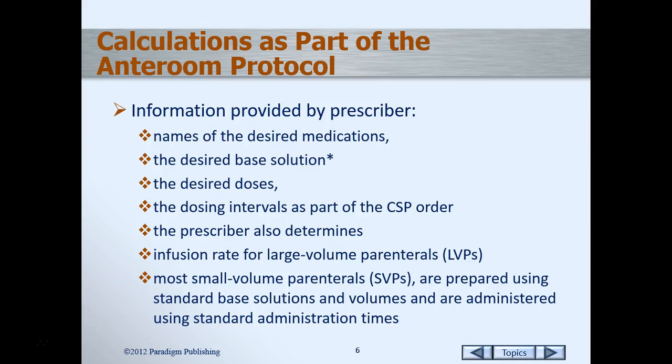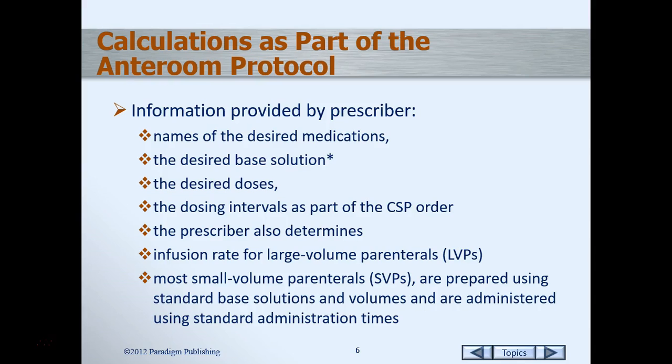So the prescriber tells us what they desire for the medication, generally what the base solution is, as I referenced in Chapter 4, that may be something that's in the pre-existing order set in the computer system, or something we have to go and look up if it's not specifically ordered.